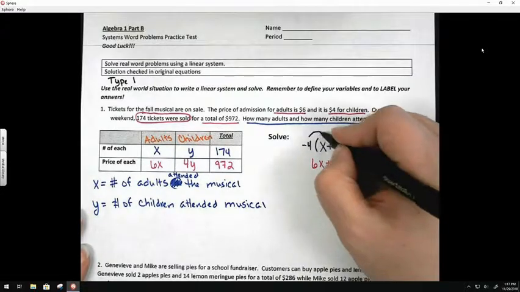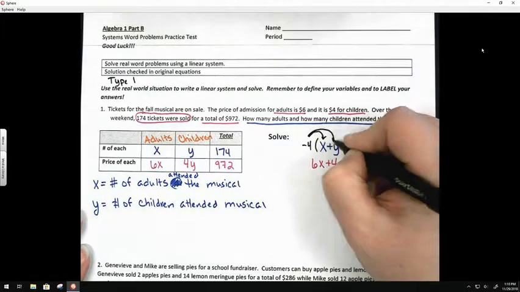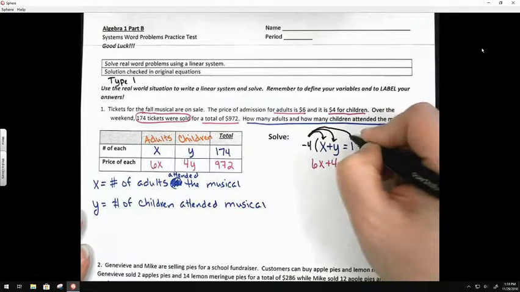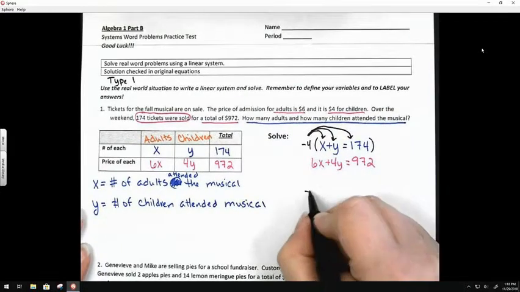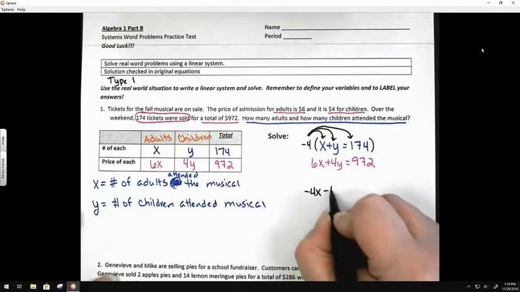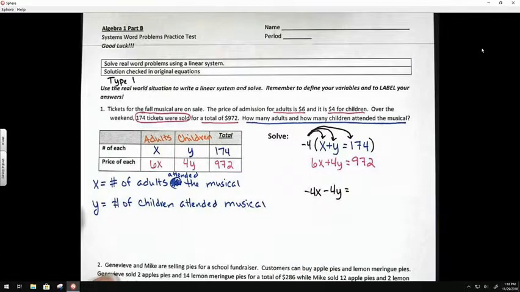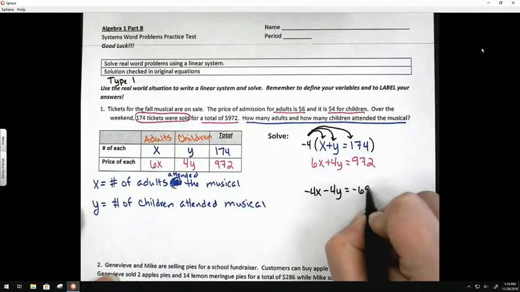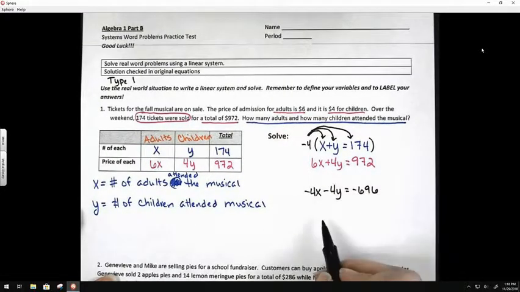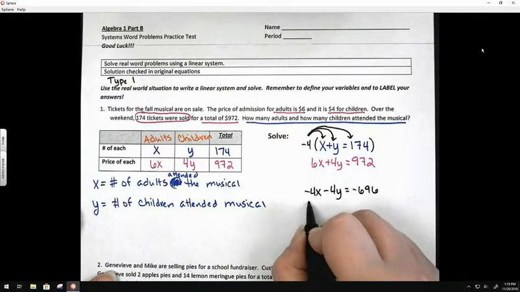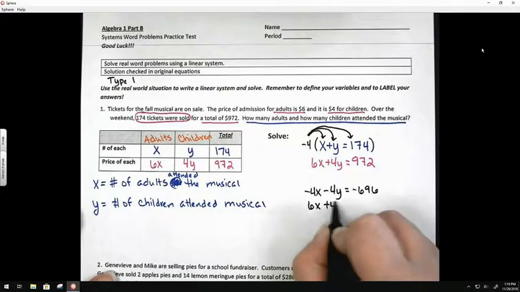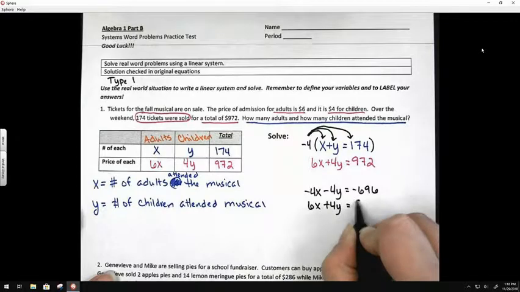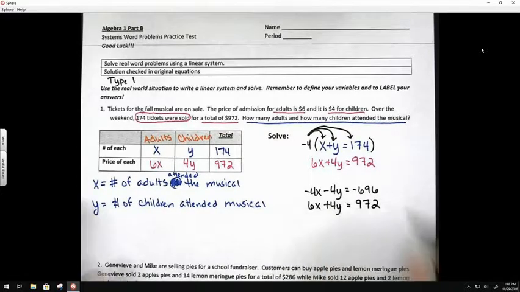I'm going to distribute my -4 to this whole equation. Don't forget to do it to the other side also. So we get -4x minus 4y equals -4 times 174, which is -696. My second equation stays the same: 6x plus 4y equals 972.